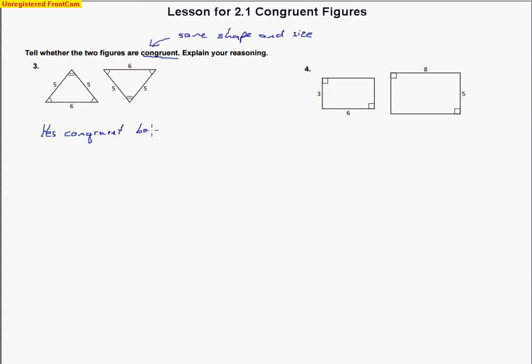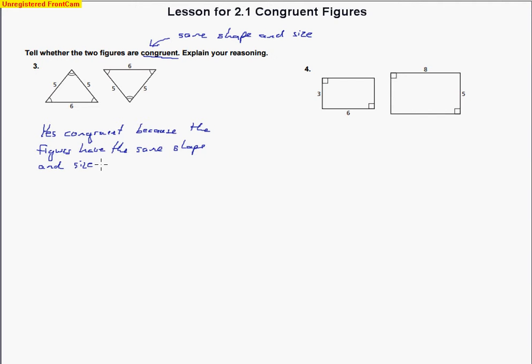because the figures have the same shape and size.